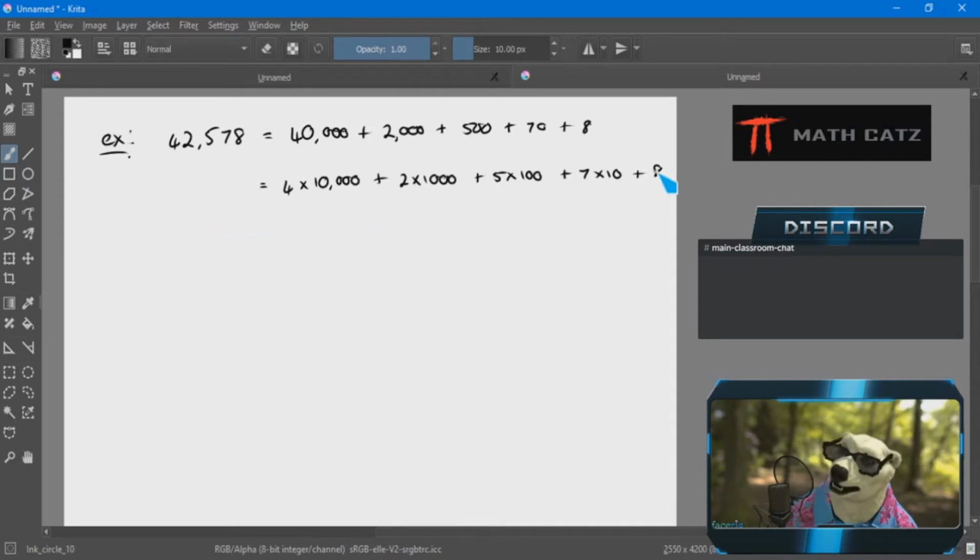Now again, just like for 3, I noticed that 9 doesn't like 10,000, 1,000, or any of those multiples, those powers of 10. But what I'm going to do is write 10,000 as 9,999 plus 1. And then 1,000 as 999 plus 1. And then the 100 will be 99 plus 1.